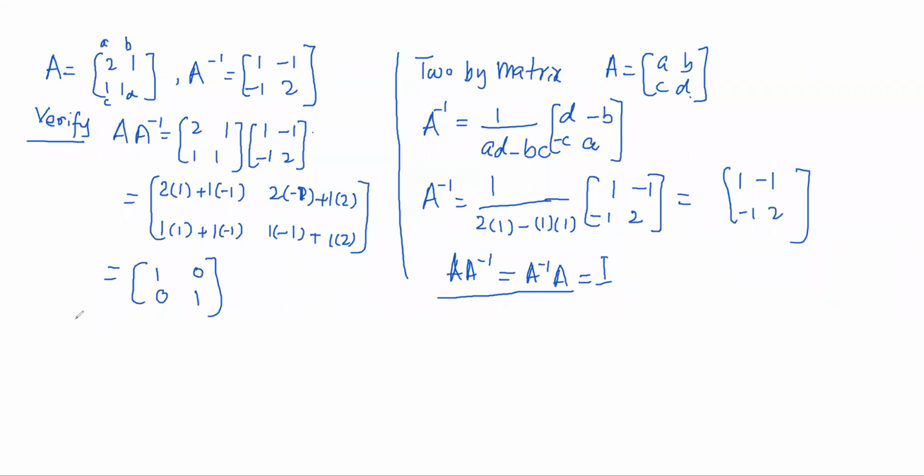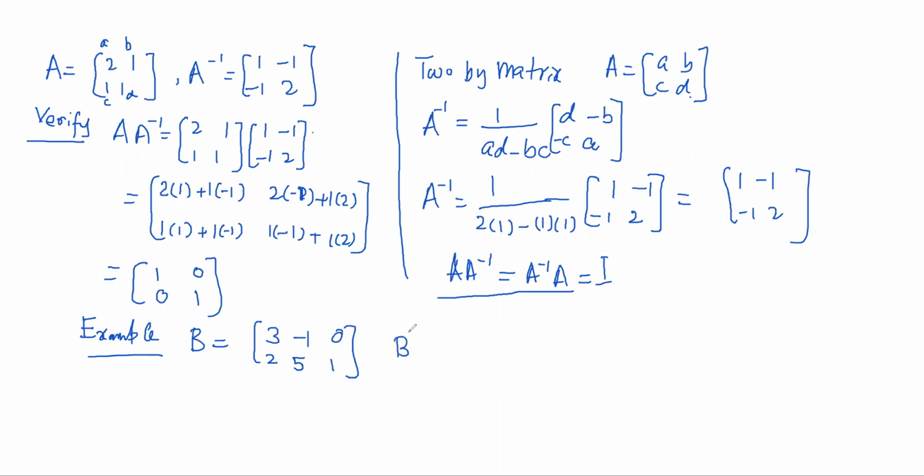Okay. If, for example, we have a matrix, something like B, 3, 2, minus 1, 5, 0, 1.